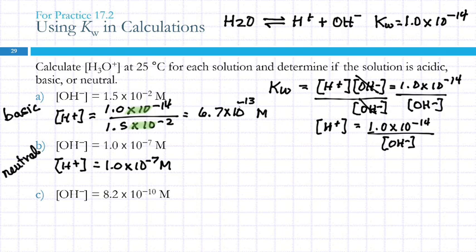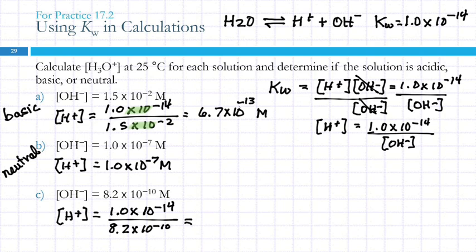Okay, this one, hydroxide ion concentration, 8.2 times 10 to the minus 10. Take the hydrogen ion concentration is equal to Kw divided by the hydroxide ion concentration.